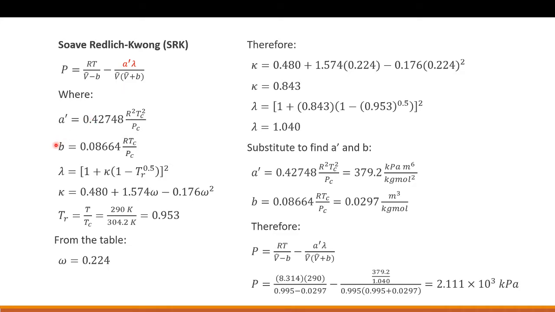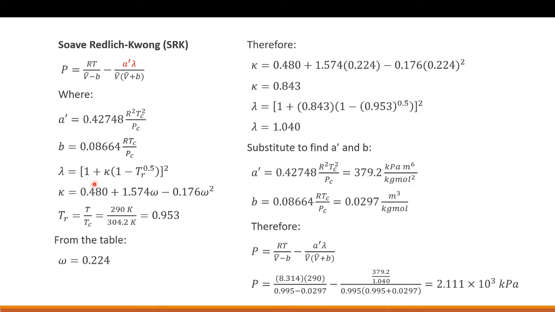The value of B here is still the same formula as the Redlich-Kwong one. So A prime, the only difference is the TC here. For the RK equation, the TC is to the power of 2.5, but this one is to the power of 2. So please take note and be careful with your calculations.